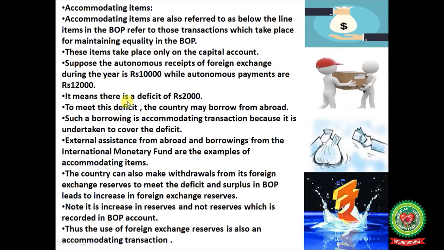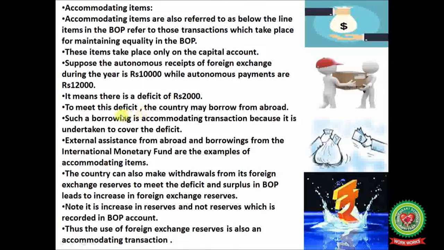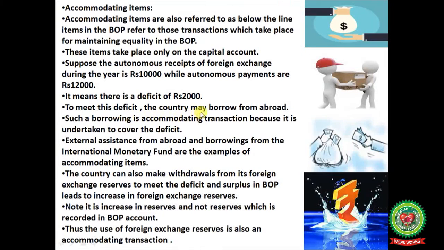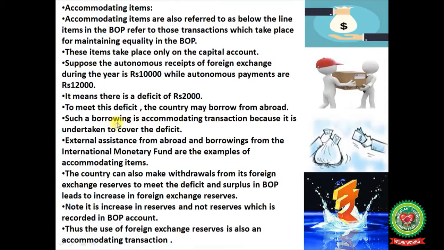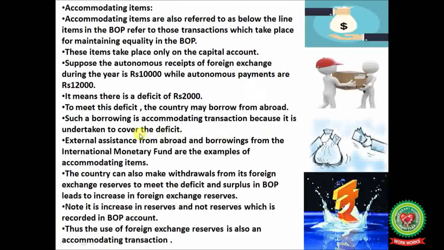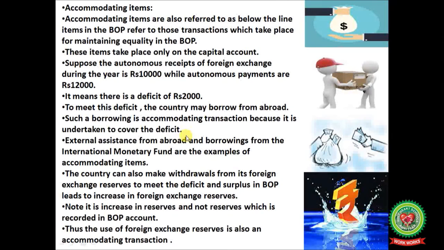It means there is a deficit worth rupees 2,000. To meet this deficit, the country may borrow from abroad. Such a borrowing is an accommodating transaction because it is undertaken to cover the deficit. External assistance from abroad and borrowings from the International Monetary Fund are examples of accommodating items.